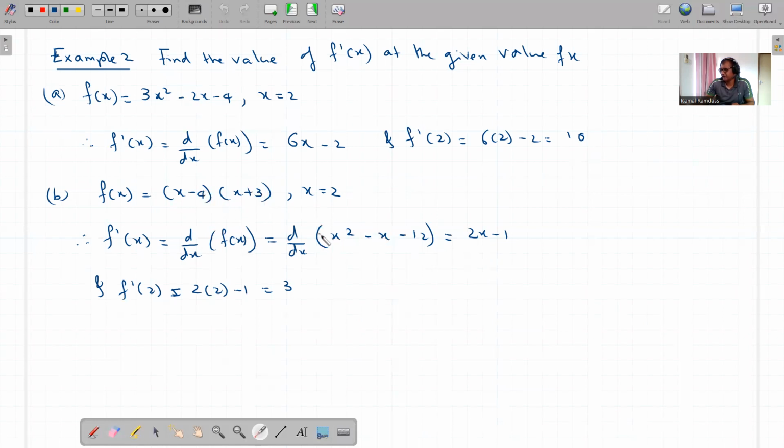Ça veut dire differentiation of sa fonction là. Il vient 2x minus 1 plus 0. 2x minus 1. Et évaluer the value at x equal to 2. Et on gagne la valeur de 3.